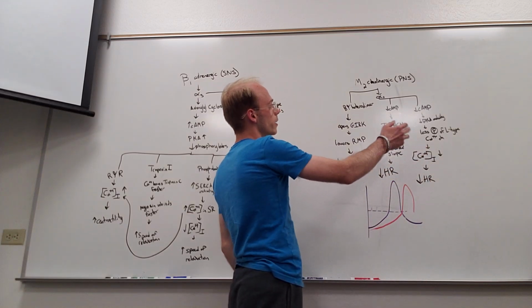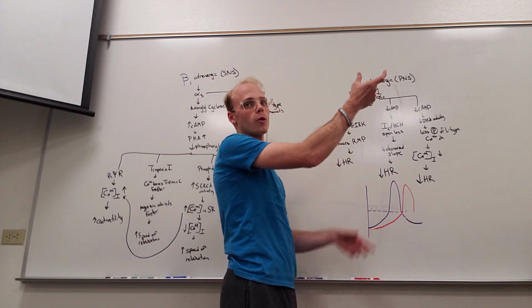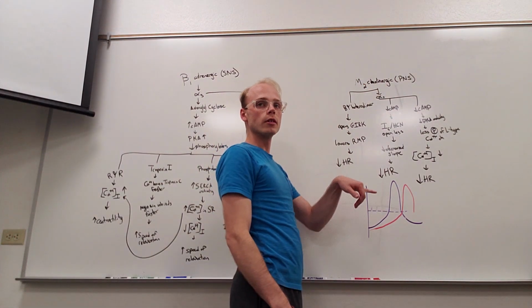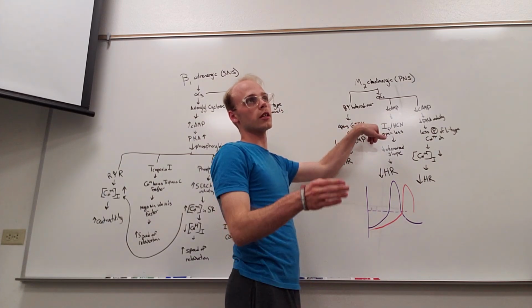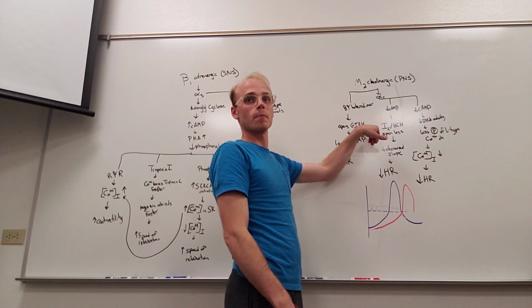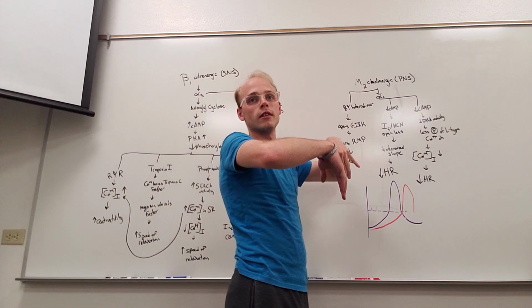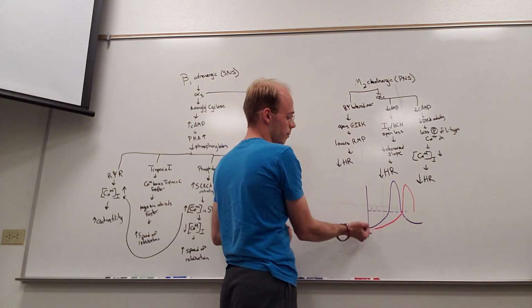And the fun thing about this one is that the beta-gamma subunit of the G protein will also dissociate and open the GIRK channel. GIRK stands for G protein-gated inward rectifying potassium channel, which is a really fun name for saying if it opens, potassium leaves. Potassium leaves, it hyperpolarizes, so that lowers the resting membrane potential.